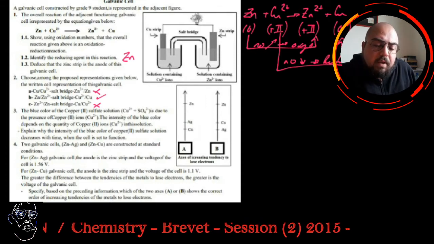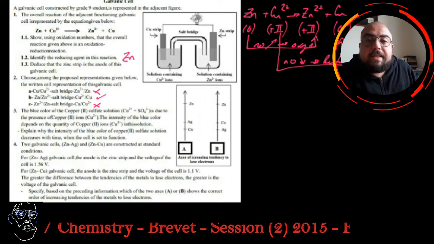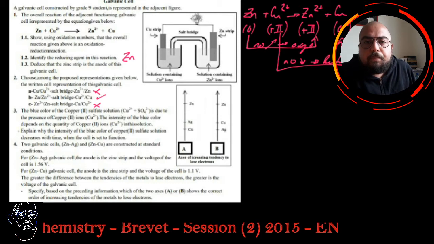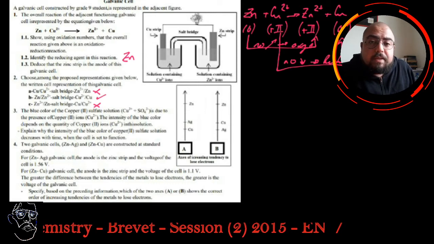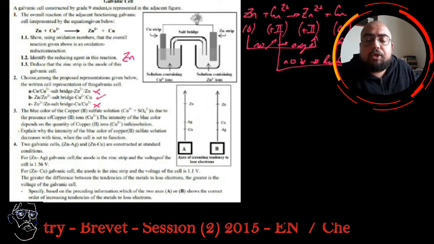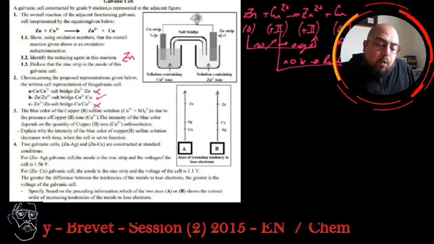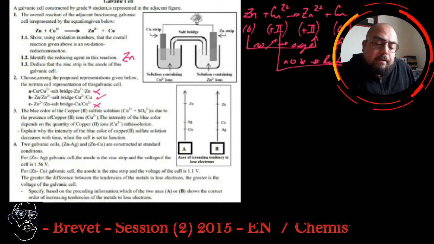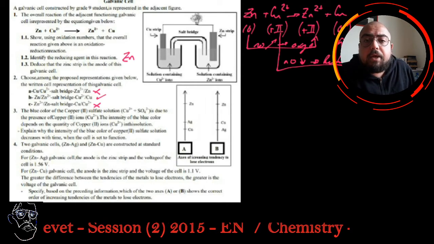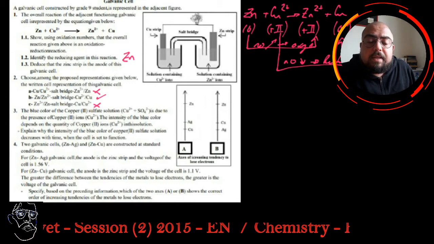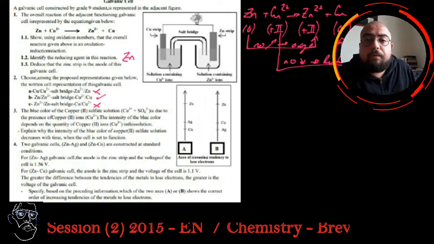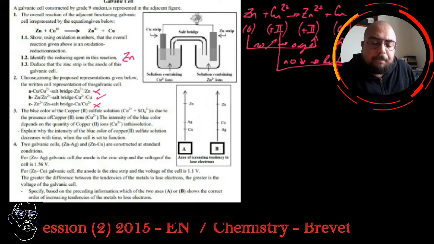So, in this case, we know that in the cell, Zn-Ag or Zn-Cu, it is Zn which is the anode. So its tendency to lose electrons is higher than Ag and Cu. But we have to check the voltage. 1.56 means that Ag and Zn are quite far apart from each other because the voltage 1.56 is greater than 1.1.